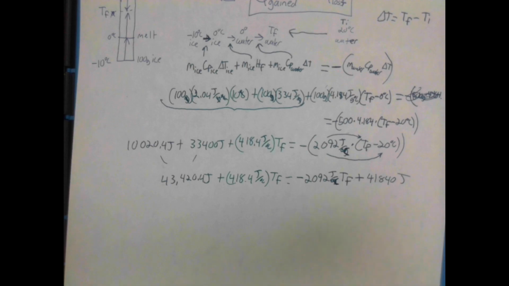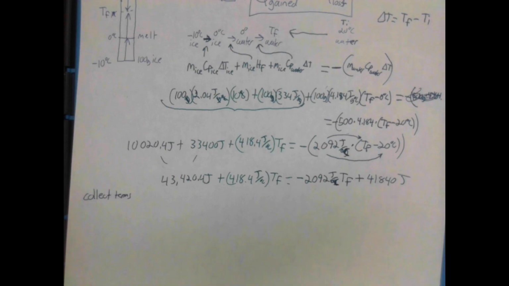So, once we get into this equation, by the way, algebra skills, what do you do next? Get TF. Yes, get TF, collect terms. That's what we say in algebra. We want to collect terms. We want all the TFs on one side, all the constants on the other side. So I need to move this over here, and I need to move that over to the right side.